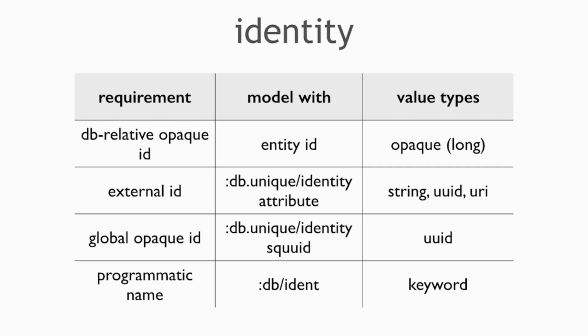And then finally, there are programmatic names. So these are things like variable names in your program. Like if you were writing a program, you would say, int x equals 7 and string q equals Quizno, whatever, right? Those programmatic names in Datomic are typically used to name schema. So db/ident are typically used to name your attributes. But you could also use them for other things, right? If you had a set of enumerated types, like title, right?